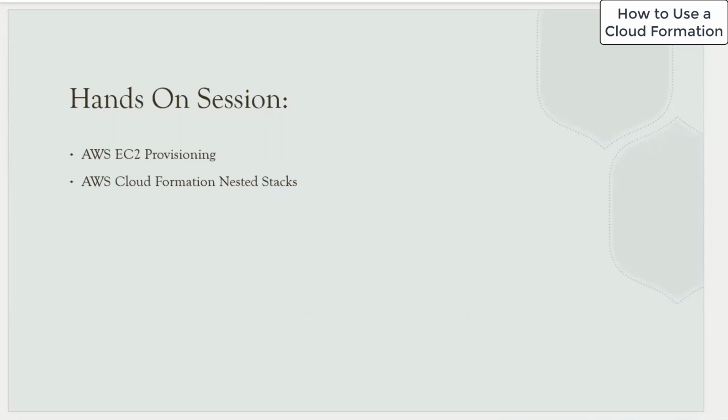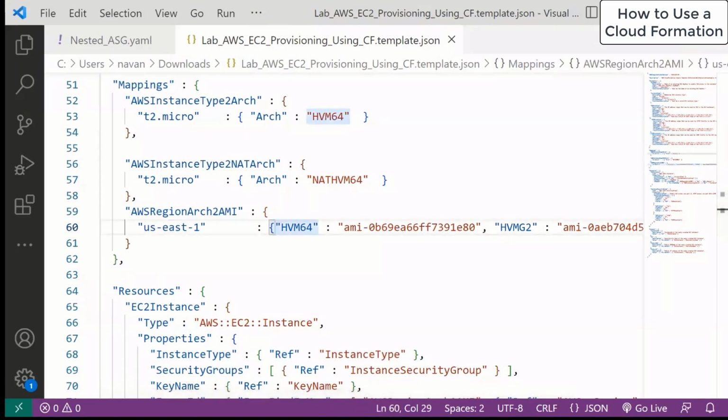When we talk about this CloudFormation template, before we deep dive, I want to add some more things over here. This is the template file which we have seen just now, where we have created it in JSON format. Apart from JSON, we can also create the CloudFormation template using a YAML file as well.